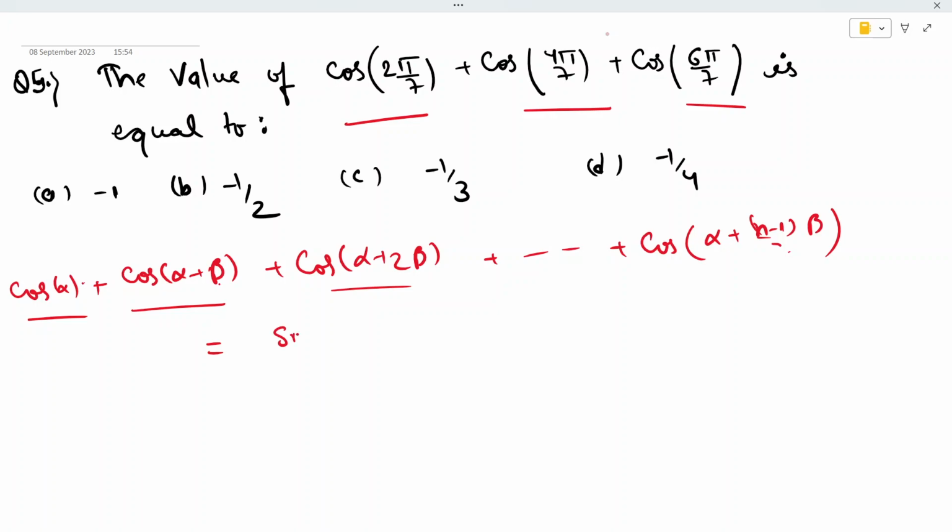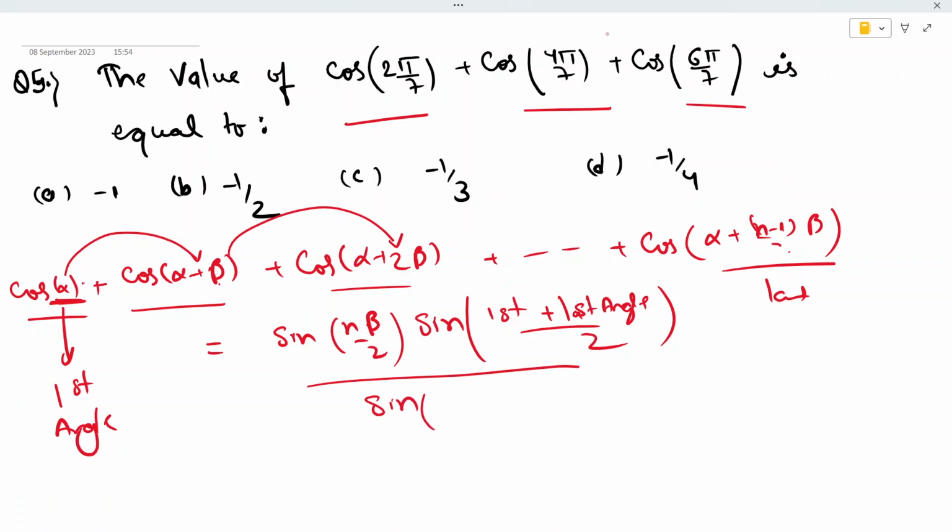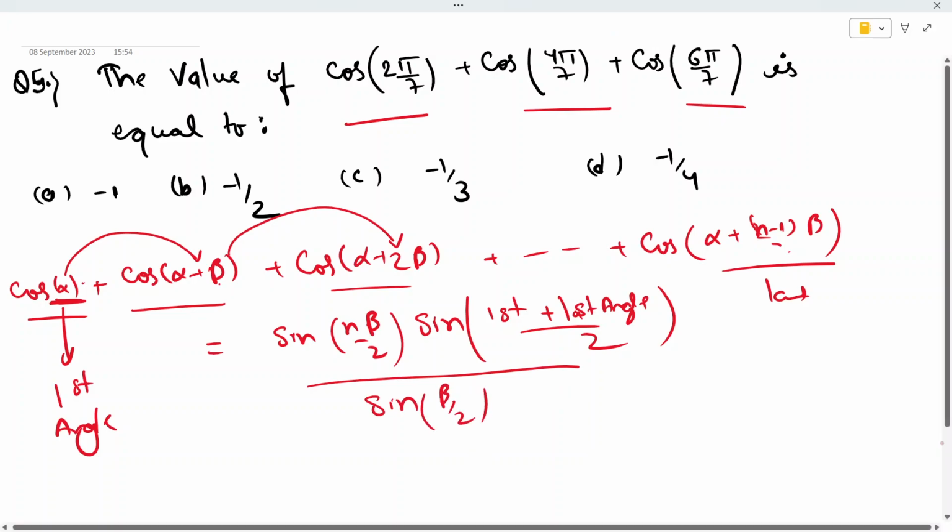Its formula is equal to sin(n beta by 2) upon sin(beta by 2), times cos of the first angle plus last angle by 2. How to remember the formula? This is the first angle and this is the last angle. So first angle plus last angle by 2, with sin n beta by 2 over sin beta by 2, where beta is the common difference. Just use this formula.